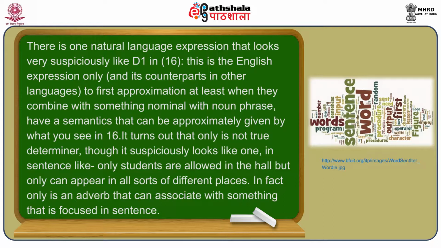Now, does this mean that the existence of only falsifies the conservativity universal? Not quite. It turns out that only is not a true determiner, though it suspiciously looks like one in sentences like only students are allowed in this hall.